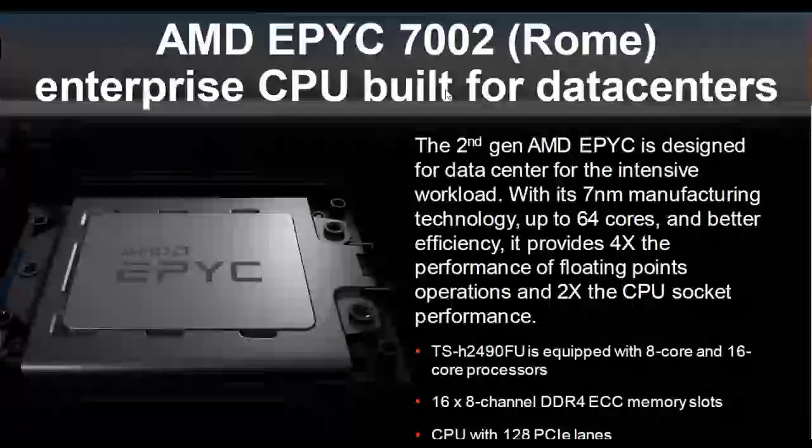As we all know, QNAP already runs Intel Enterprise Xeon CPUs, but still we are looking for better technology. AMD has come out with better performance, a 7 nano semiconductor manufacturing technology, which can support up to 64 cores.